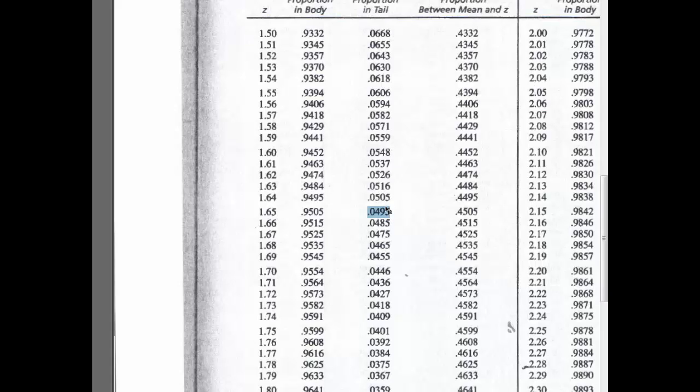So it's a toss-up between these two z-scores, 1.64 and 1.65. Because we want to err on the side of caution, we're going to go with the larger z-score, because that'll give us a slightly larger margin of error, and we want to be careful. So 1.65 is the z-score associated with an alpha level of 0.10.